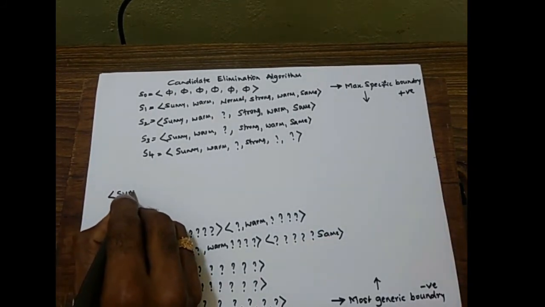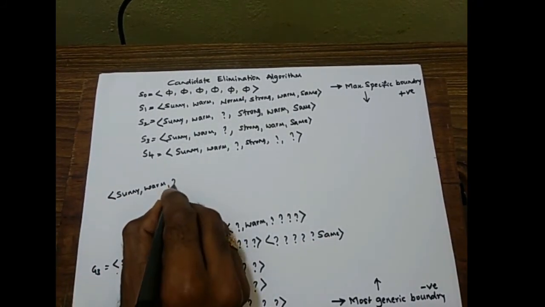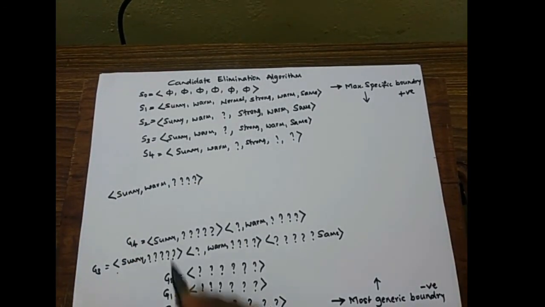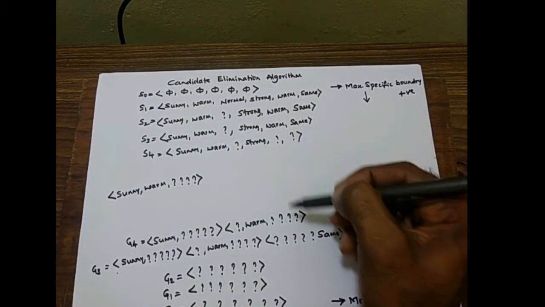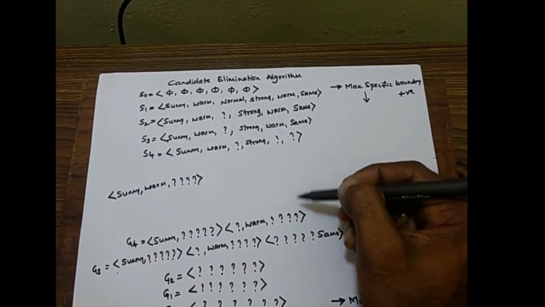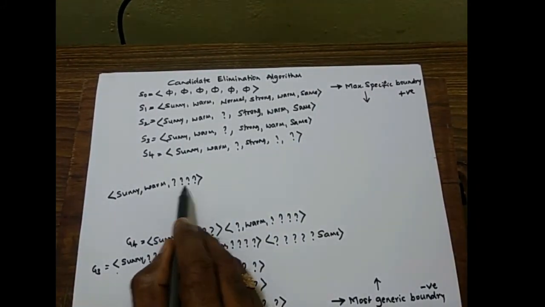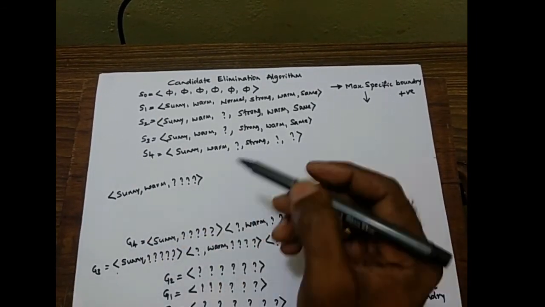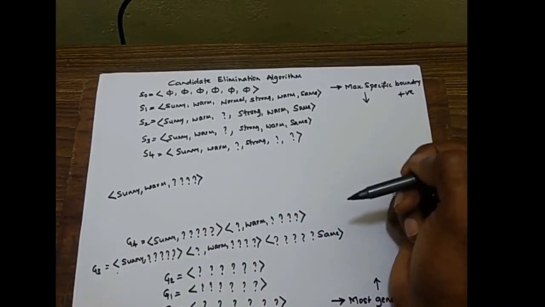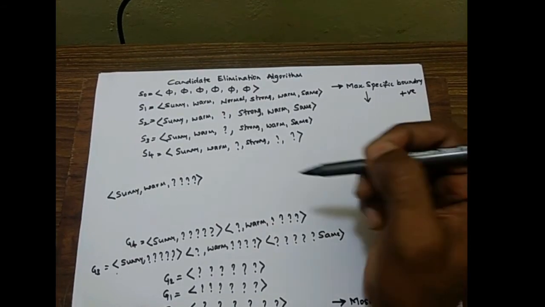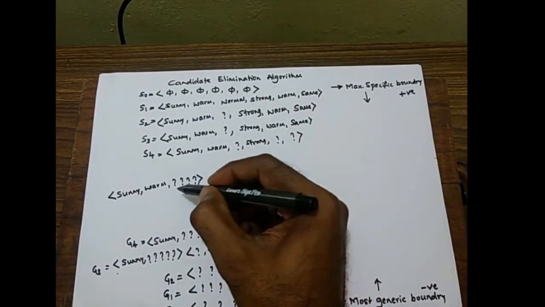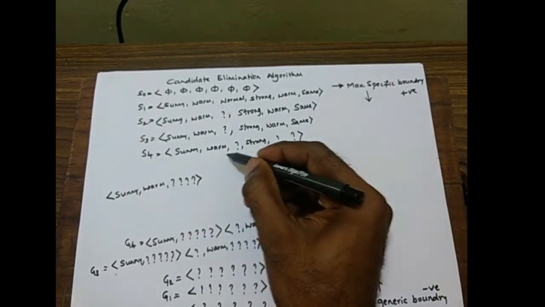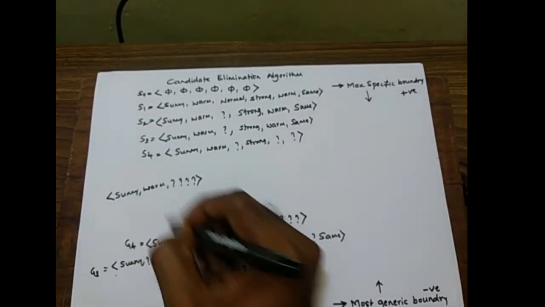Consider Sunny, warm and all question marks. One possibility, because this hypothesis is not present here. First one. Second one, it contains 4 question marks. Third one is this won't be showing either in this case and this case. That is Sunny is present, warm is present and question mark will indicate any value is acceptable. So this is one of the possibilities.